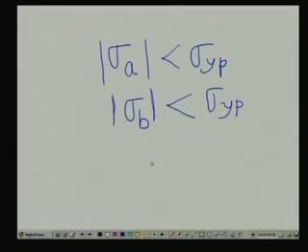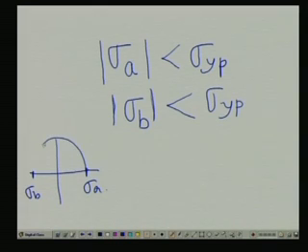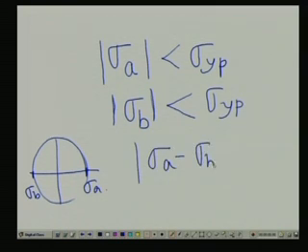What I did not show you is, suppose sigma A is of positive magnitude and sigma B is negative, the reverse. Then you can understand tau max is sigma A minus sigma B by 2. So, in that case, the modulus of sigma A minus sigma B should be less than sigma yield point.